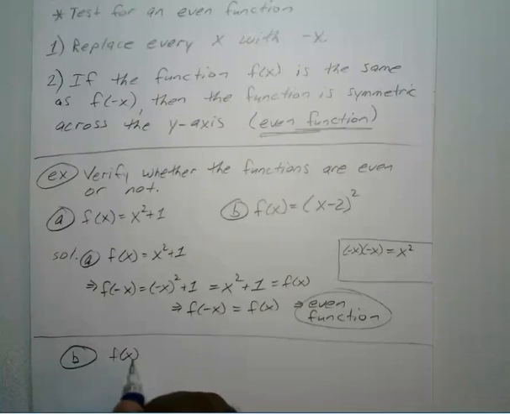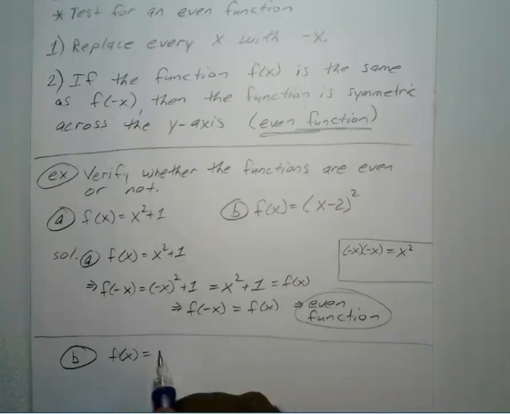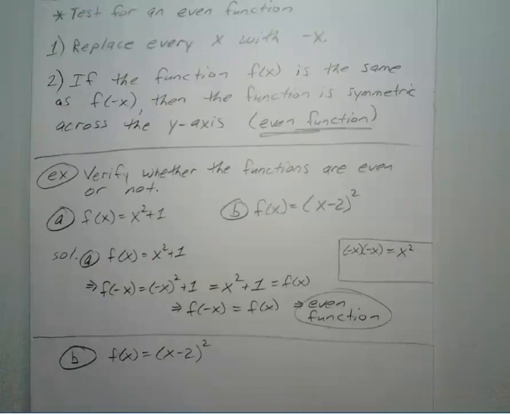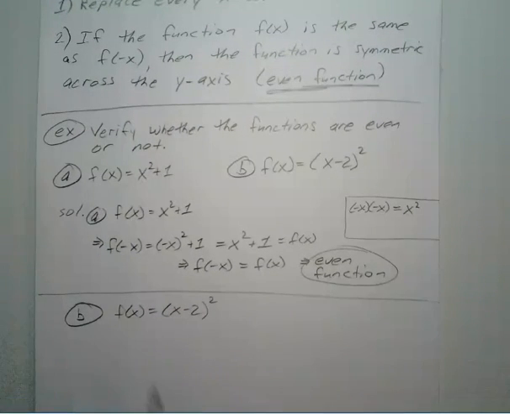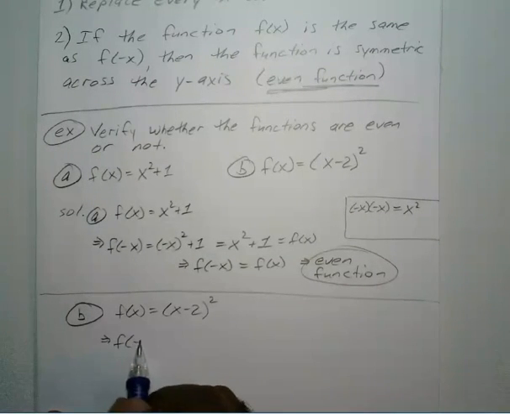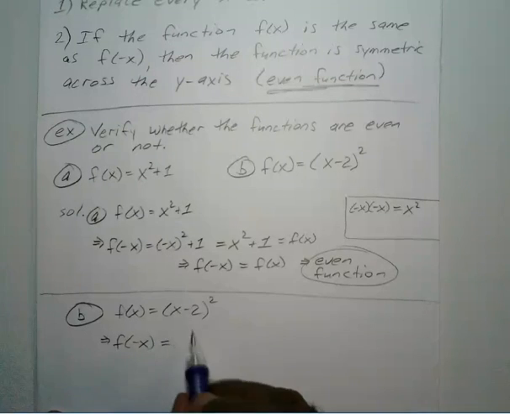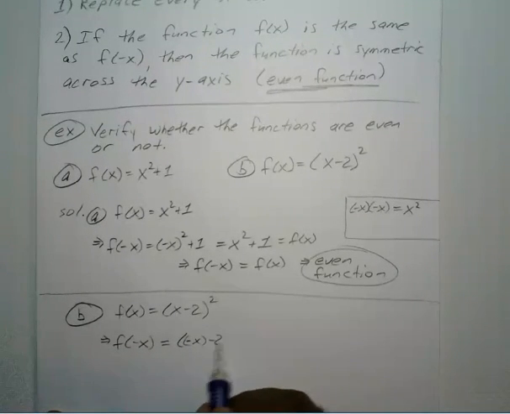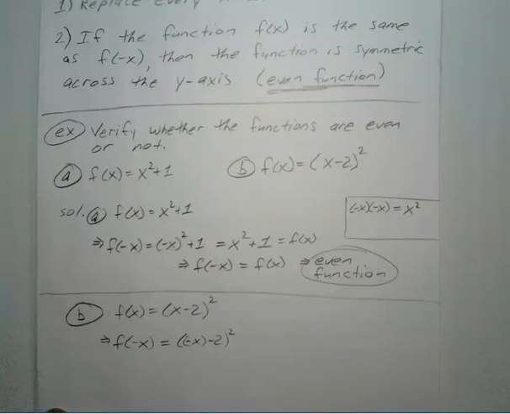So we have f of x equals x minus 2, squared. First thing we want to do is find out what we get when we replace x with negative x. So f of negative x is going to equal negative x minus 2, squared.